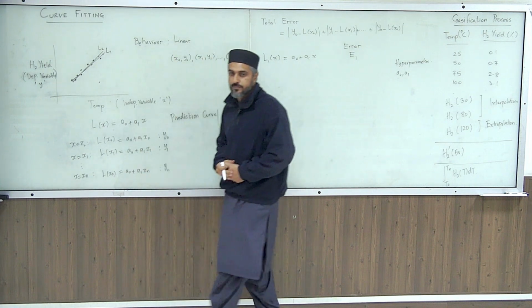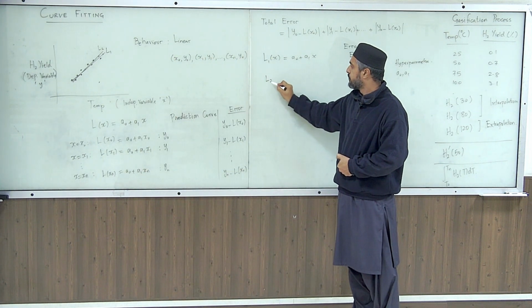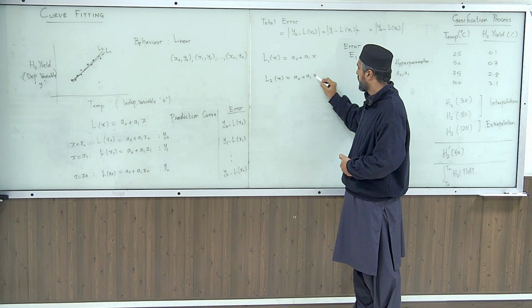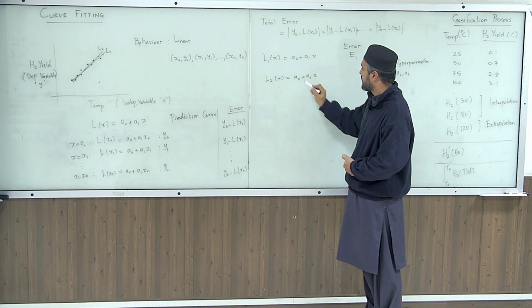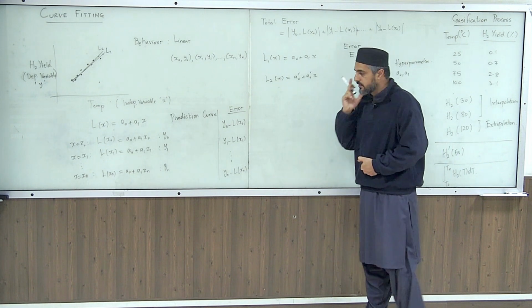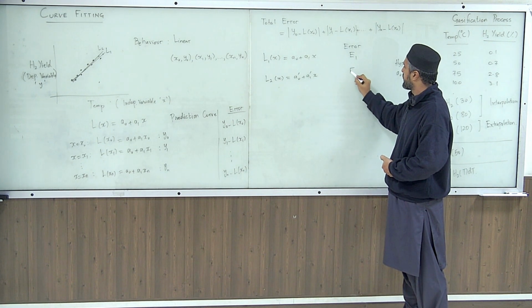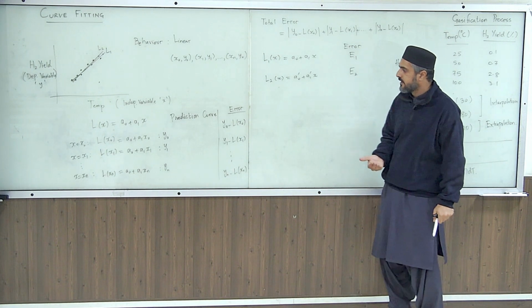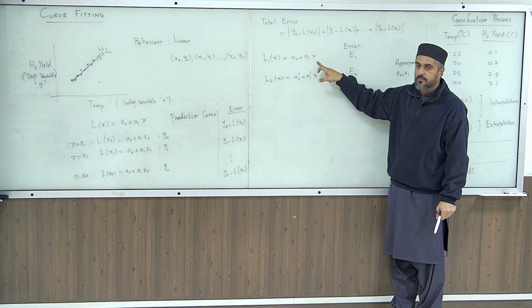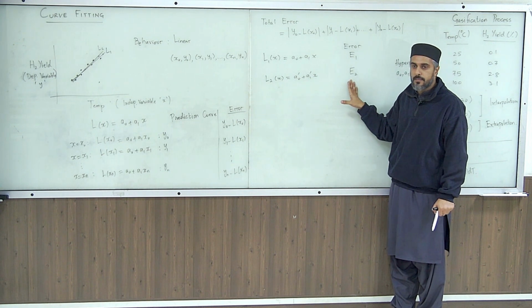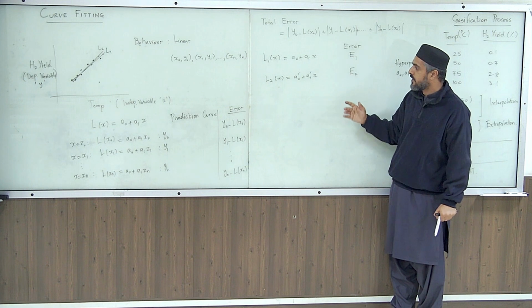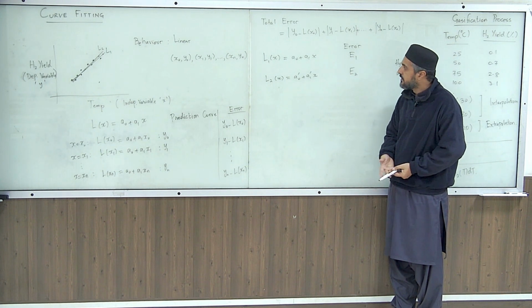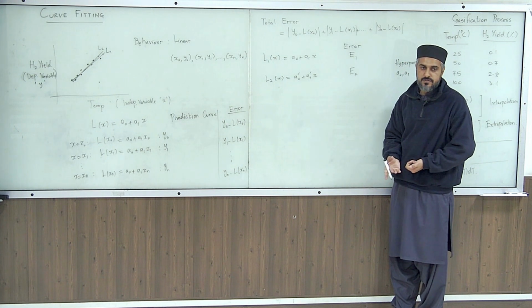So if I got some line number 2, it will have a different value of a naught and a1. Let me call them a naught bar and a1 bar. It will come with some error e2, because the prediction with this curve will be different compared to line number 1. Now the question is, we need to compare which error is the minimum, and that line will be the best fit line.